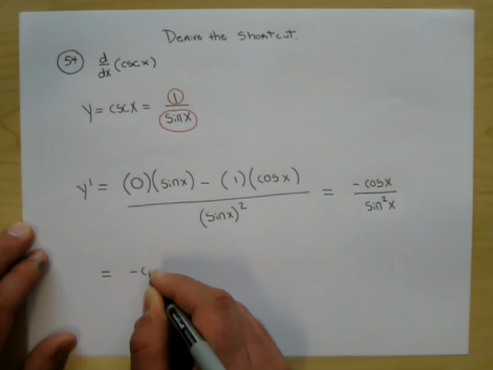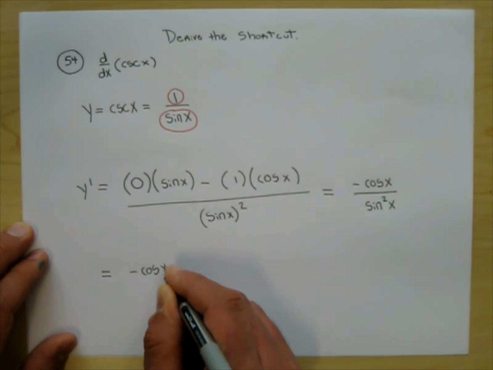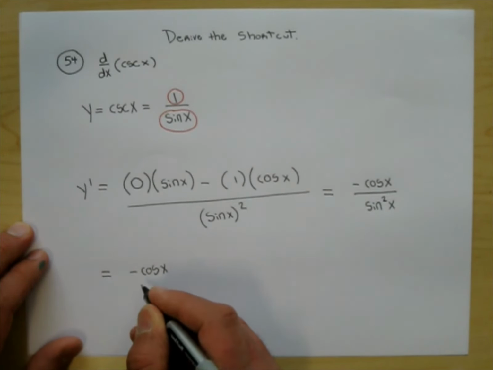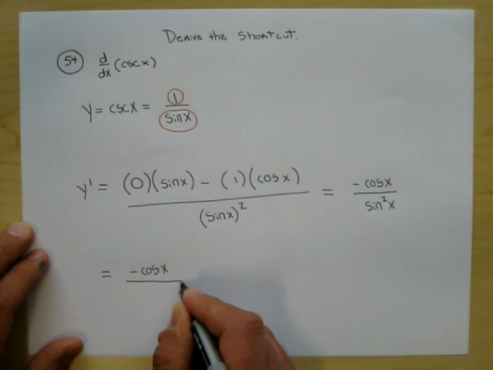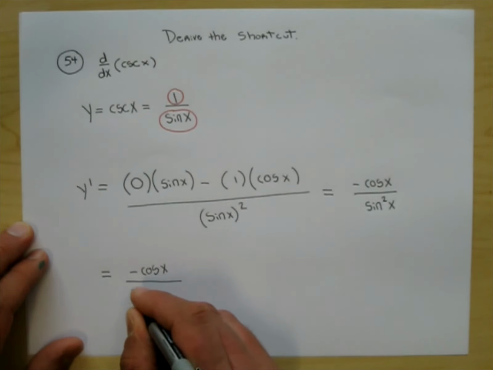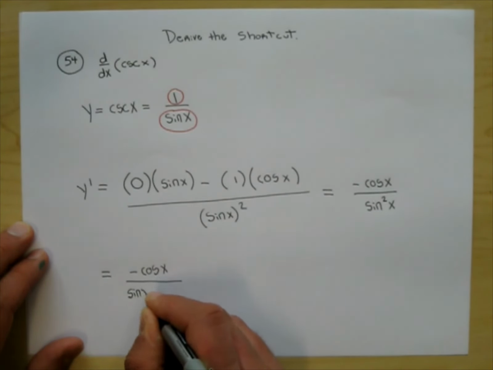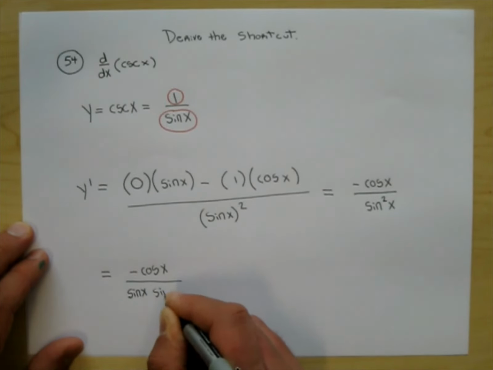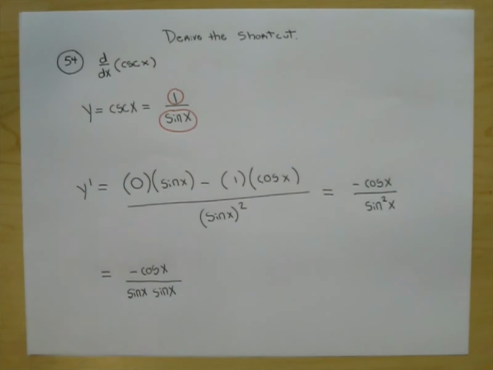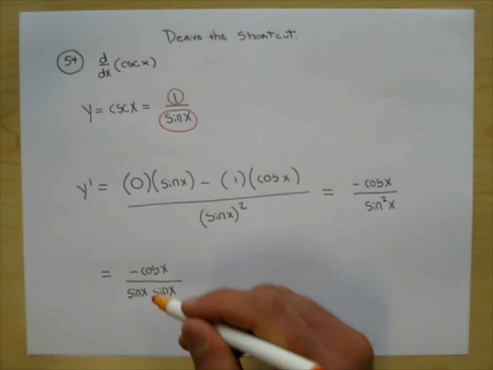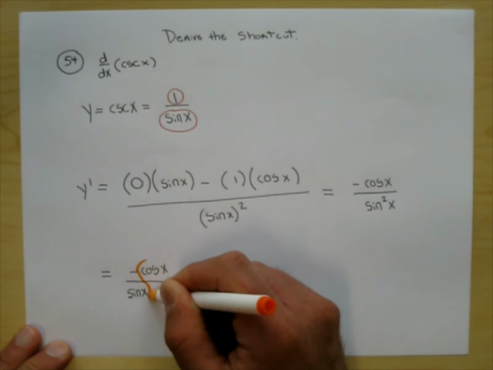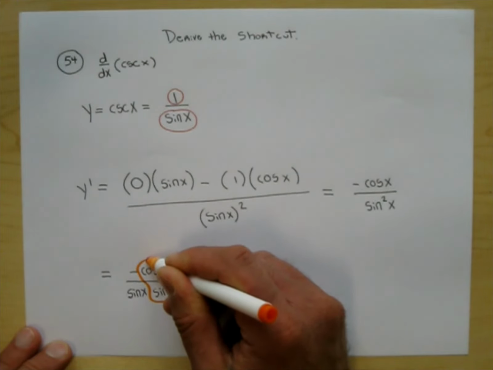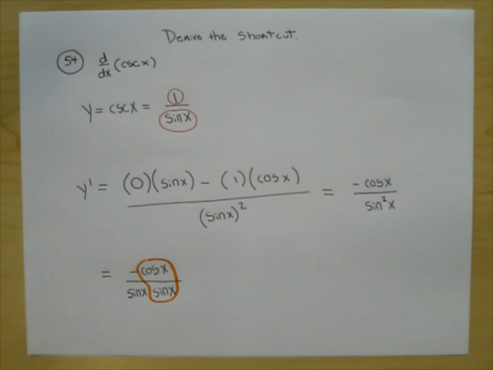I have negative cosine on the top, and on the bottom I end up having sine x times sine x. So the question is, what is the cosine over the sine? Well, that is the cotangent.